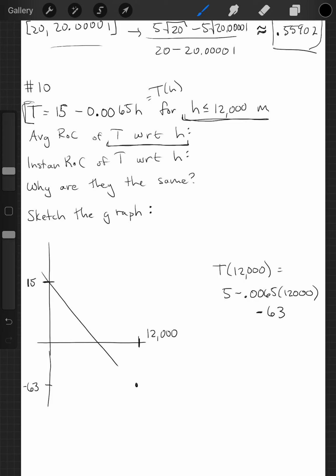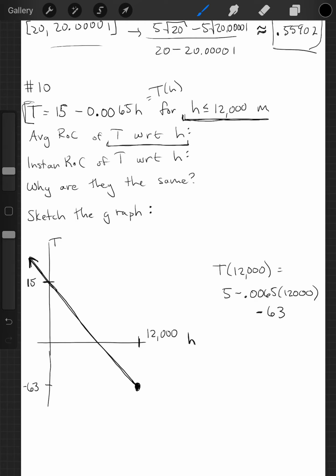This is clearly not to scale, but that's not really all that important. Right, it's going to stop there because this function doesn't let, right, this is the H, because that's the variable and that's the function, so that's H and T. And if it's for everything less than 12,000, it's forever down that way, but it stops here. Right, so that's our graph. That's a basic sketch of the graph.